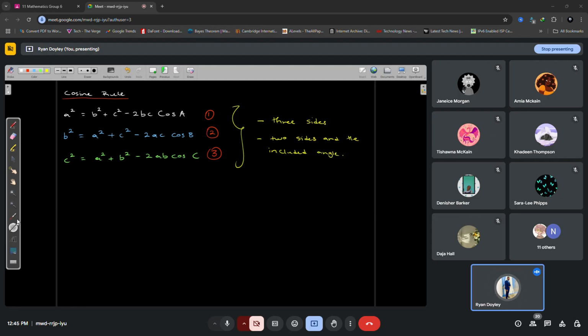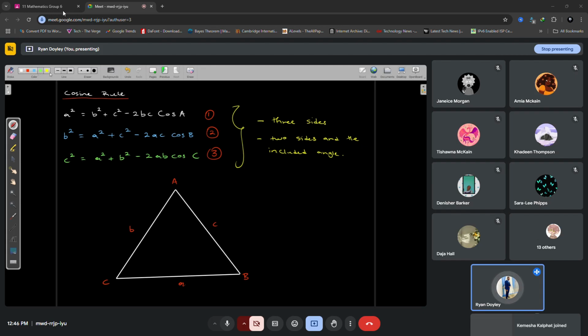Alright, so let's look at how this works out. We're going to do it with three different triangles to see how the three different variations can play out. So let's say we have this triangle here, A, B, and C. And let's say we were given all these sides: side B, side A, and side C. And the examiner asks us to find this angle.